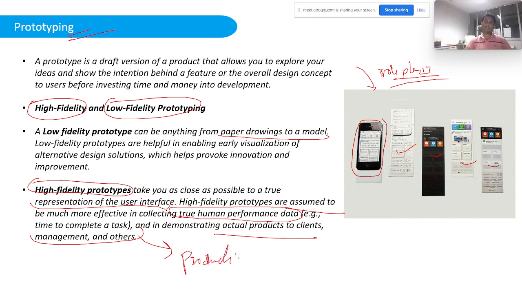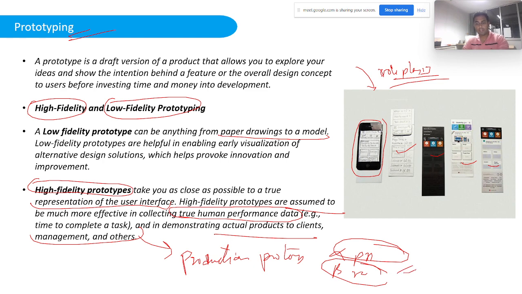Production ready prototypes are again high fidelity prototypes only. So prototyping can have alpha prototypes, then beta prototypes. Beta test prototypes are the production version of high fidelity. Alpha prototypes are the initial version of high fidelity prototypes. Okay, so that's done for today's class.